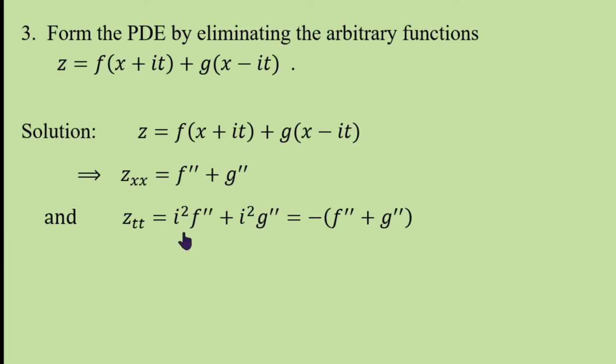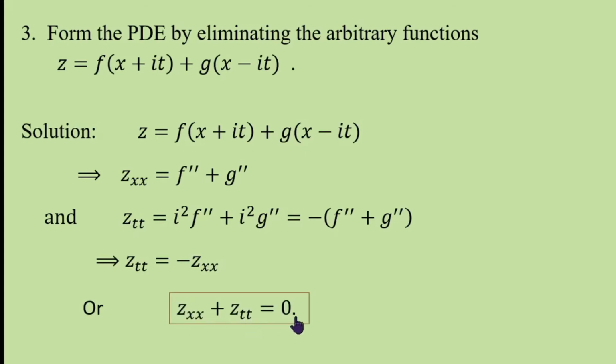Now i squared is minus 1, and hence it is minus f double dash plus g double dash. But f double dash plus g double dash is nothing but zxx. Therefore, ztt equal to minus zxx, or zxx plus ztt equal to 0. That means ∂²z/∂x² plus ∂²z/∂t² equal to 0. So this is the required PDE.